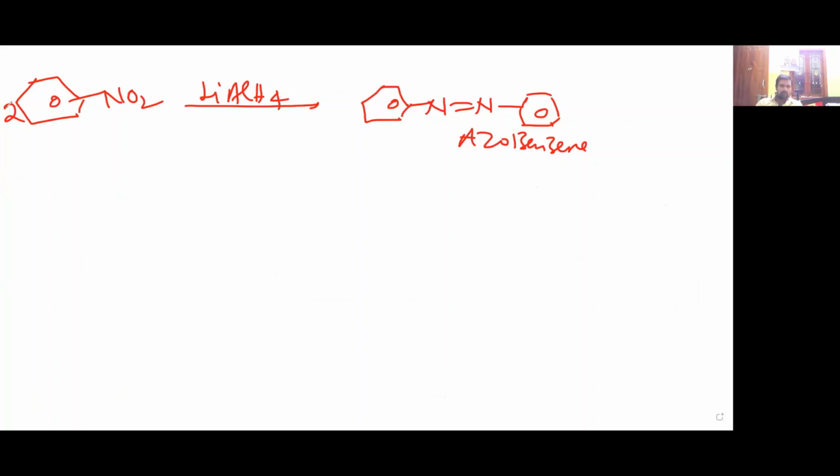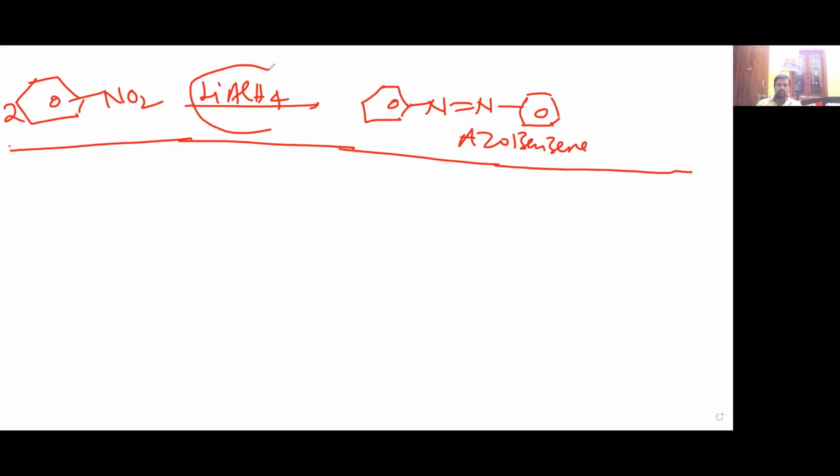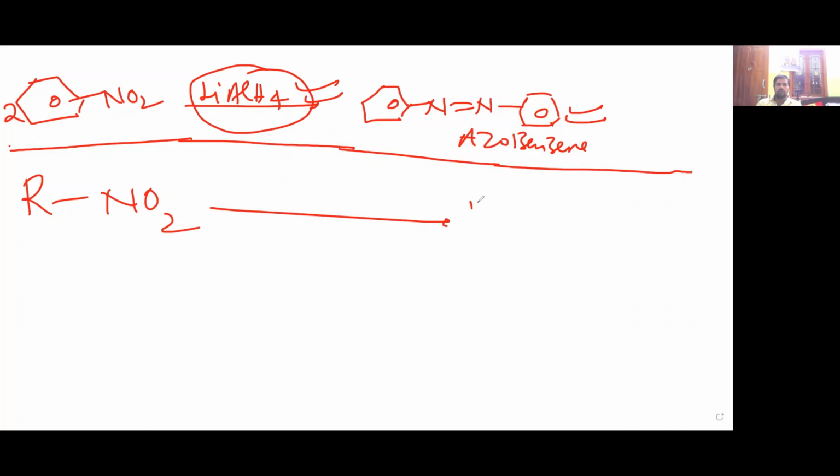Azobenzene is the product. So the most important thing: for converting nitrobenzene to aniline, we are not going to use LiAlH4, because whenever nitrobenzene is treated with LiAlH4, you get azobenzene. So once again I will write it. Final thing, RNO2 is converted to RNH2, and here R is aliphatic.